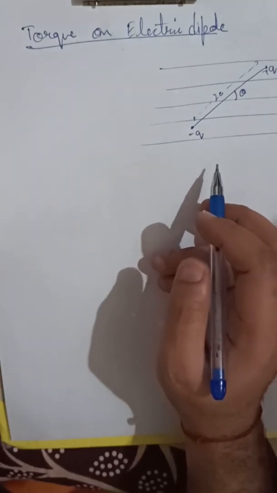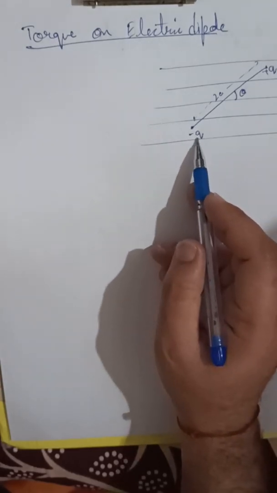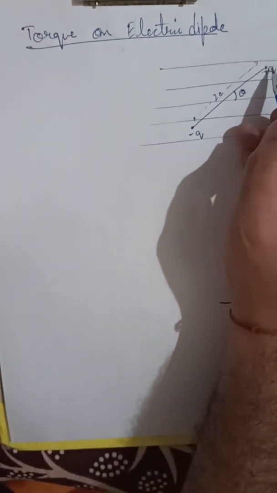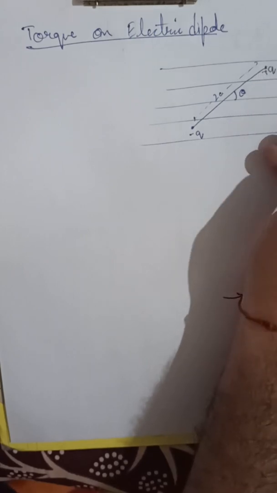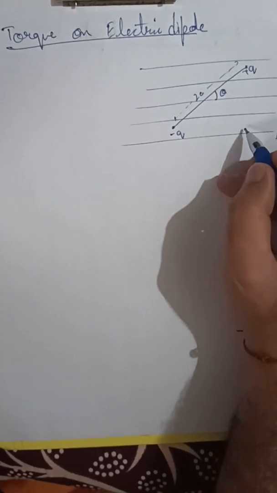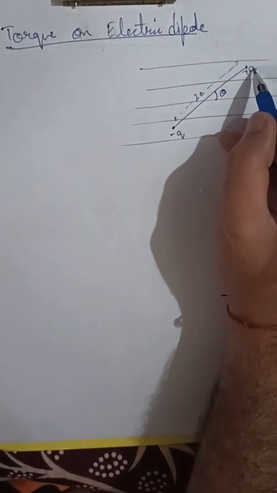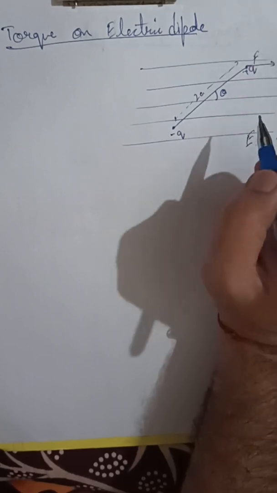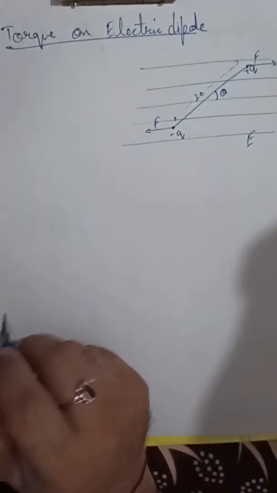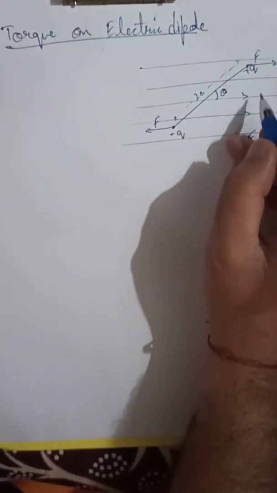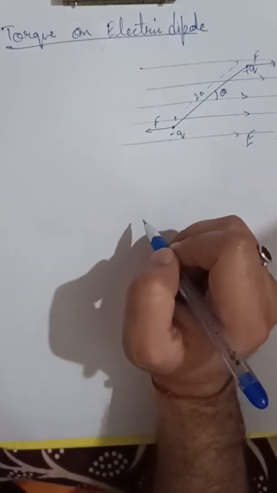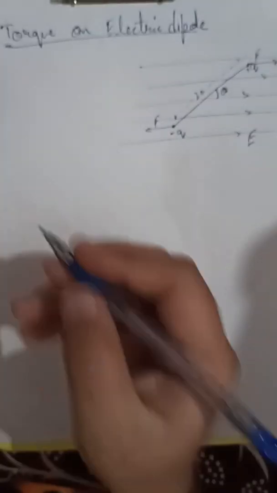Then there will be a force acting on the dipole, and for the positive charge it will be in the direction of the electric field. If it is not clearly visible, it is E. So the force acting on plus q will be here, the force on minus q will be here, and the electric field direction is this. For positive it will be toward the direction of the electric field, for negative it will be opposite.